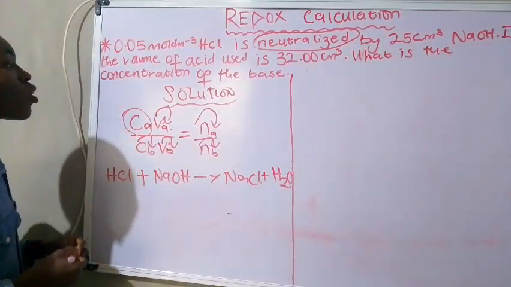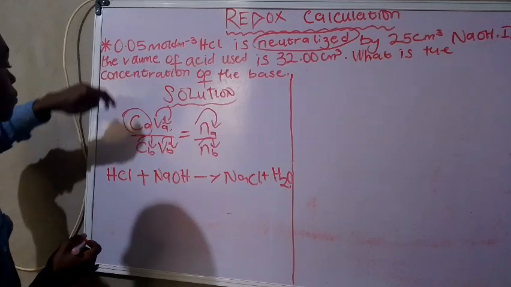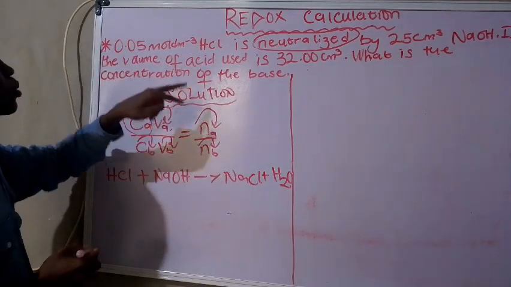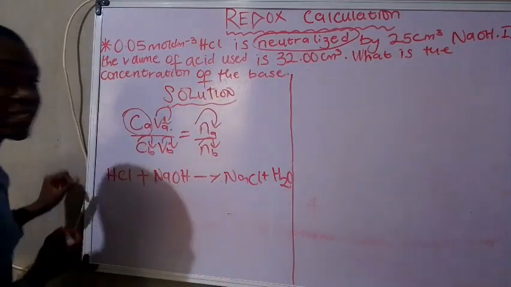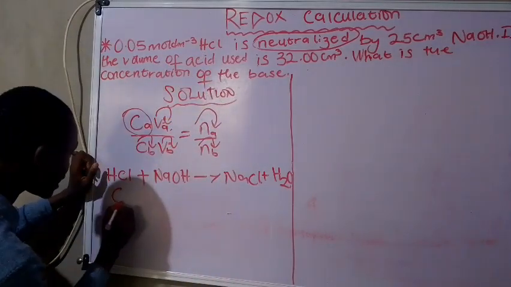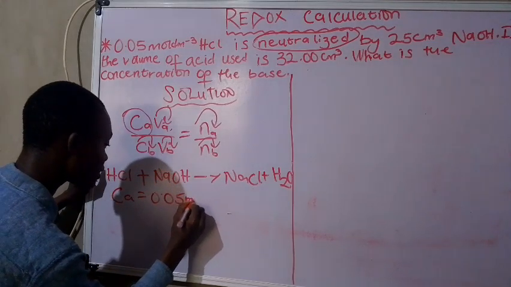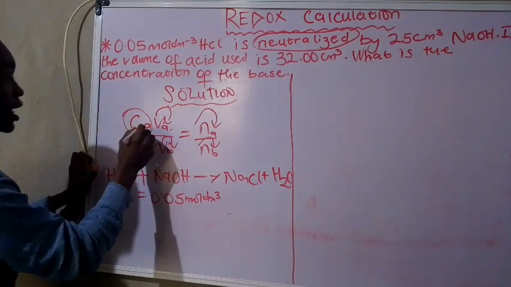Now let's move on and input our values. CA is equal to 0.05 moles per dm³, which is the concentration of the acid.